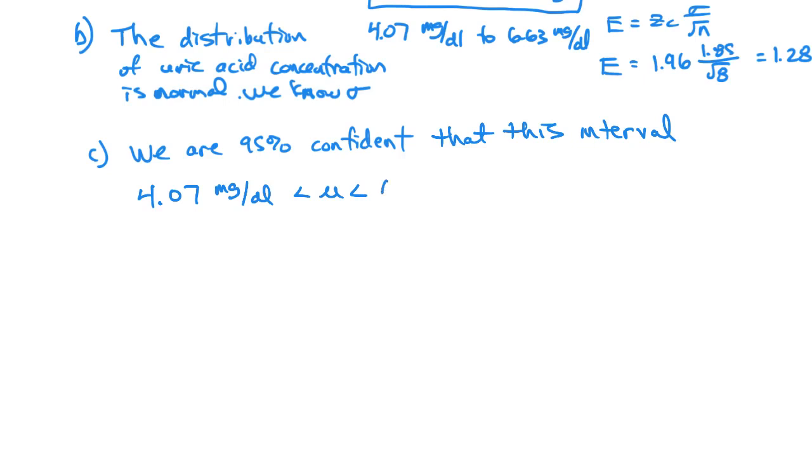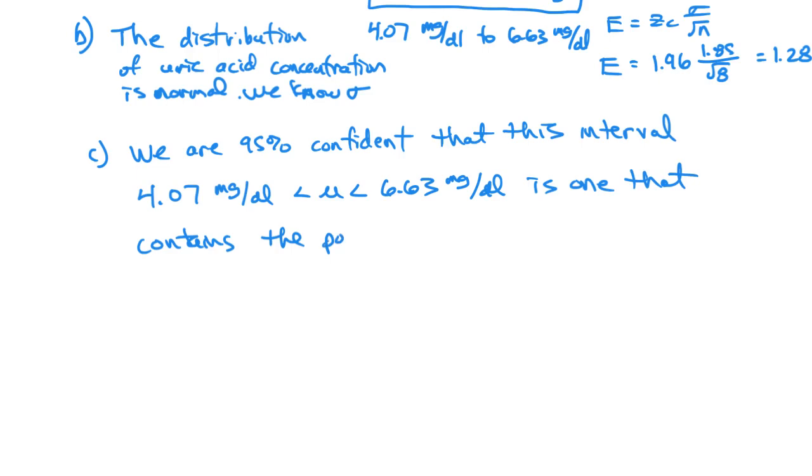You don't have to, but it'll make it a little easier to make sense of in the context of the problem. So we're 95% confident that this interval is one that contains the population mean mu.